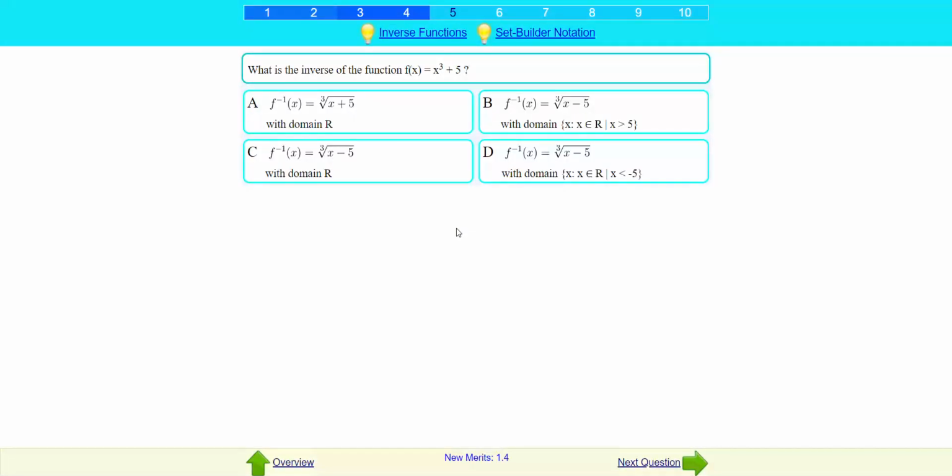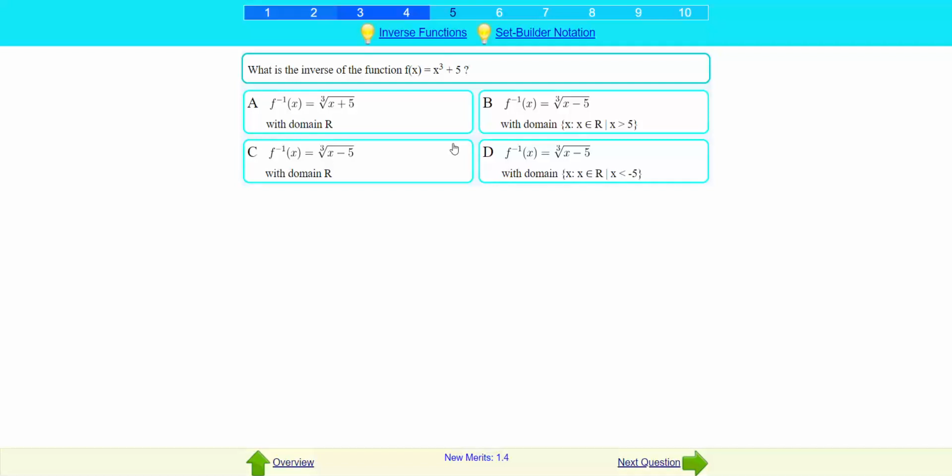Alright, so what is the inverse of the function? So you have y equals x cubed plus 5. I need to find the inverse of this. So we need y minus 5 equals x cubed.